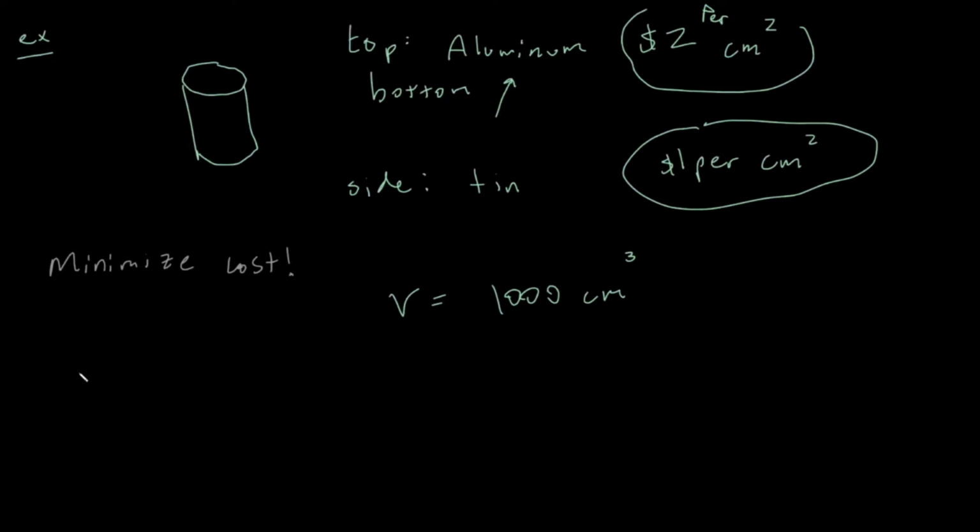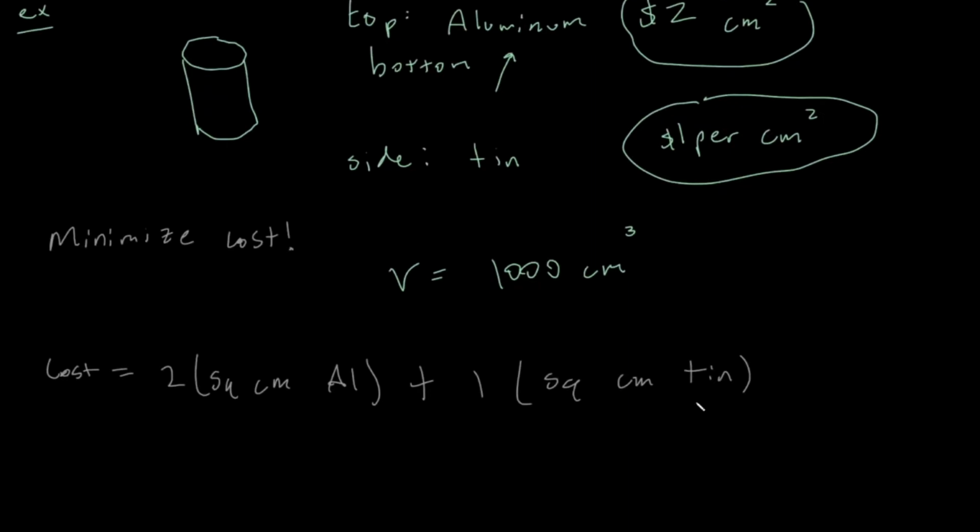So we need a cost function. Well, the cost is going to be $2 per square centimeter of aluminum, plus $1 per square centimeter of tin. Okay, we can get that, right? The square centimeters of aluminum are coming from the top and the bottom. It's those circles. So this will be $2 per square centimeter on the circles, and the area of these circles are pi r squared.